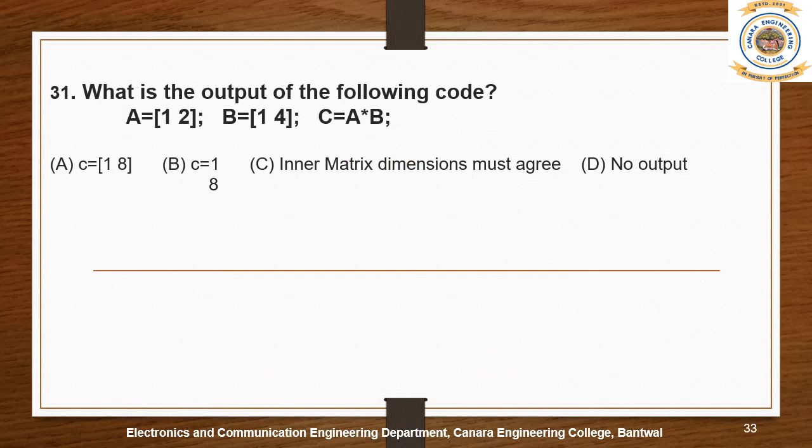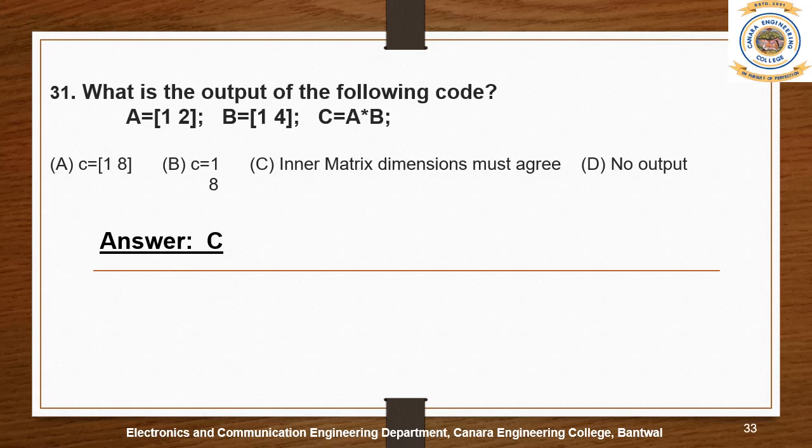What is the output of the following code? A is a vector with elements 1, 2, B is a vector with elements 1, 4, C is equal to A into B. Answer is C, because while multiplying, the matrix dimensions should agree.